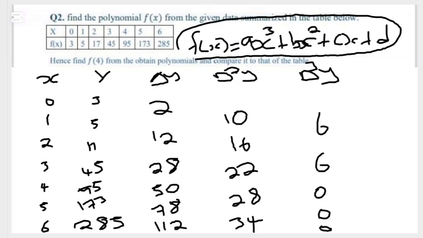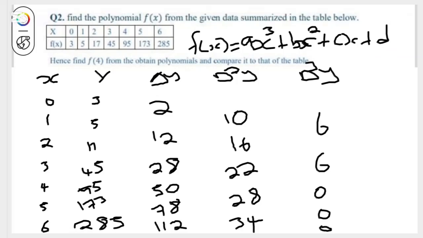The next thing you are going to do, we can use the forward difference formula for a polynomial. How can we use the formula? But before then, take note that it says to find f of 4 from the obtained polynomial and compare it to the table.